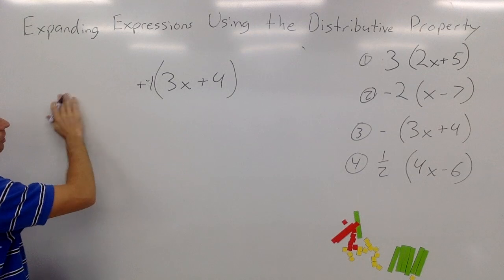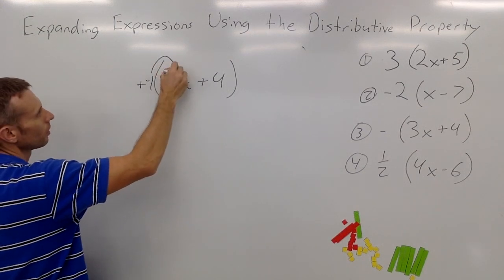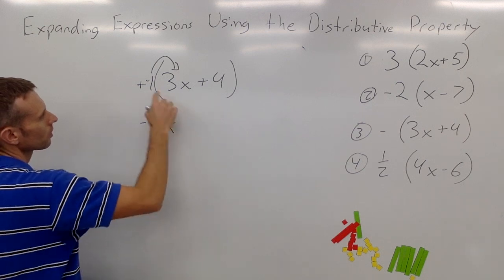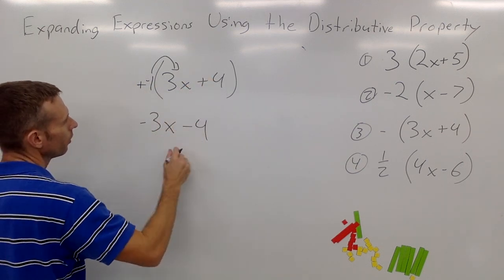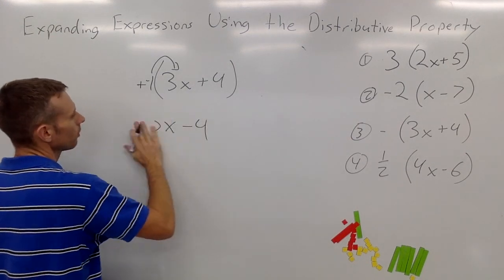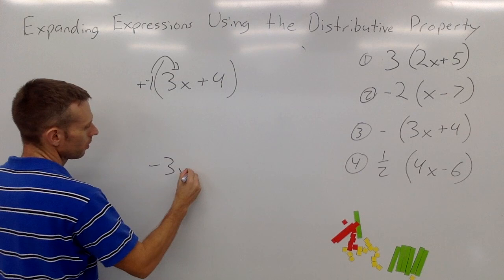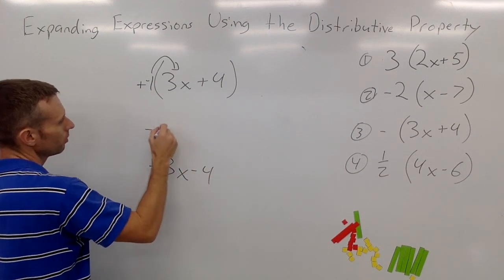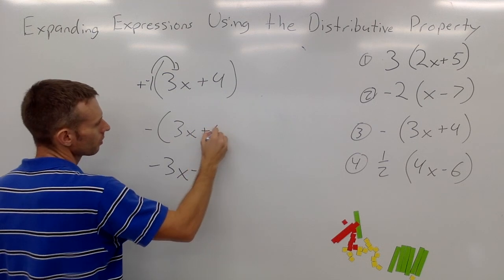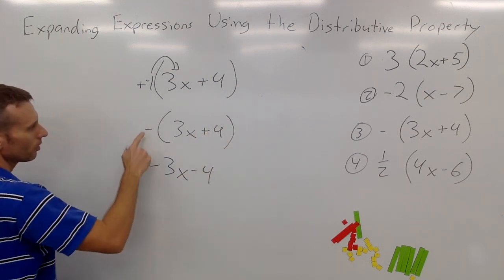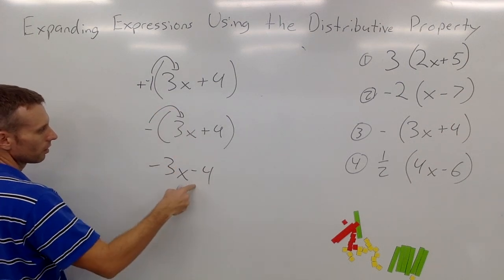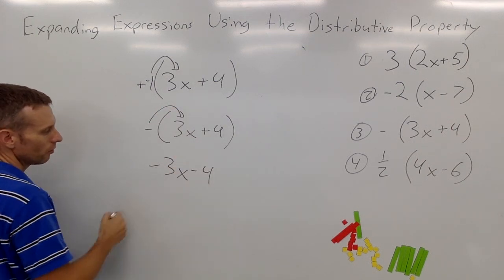So that's the way we'll think of it, just to make it easier. Negative 3x, negative 4. The original problem was negative of 3x plus 4, and we distributed this negative to make it negative 3x and then plus negative 4, or minus 4.